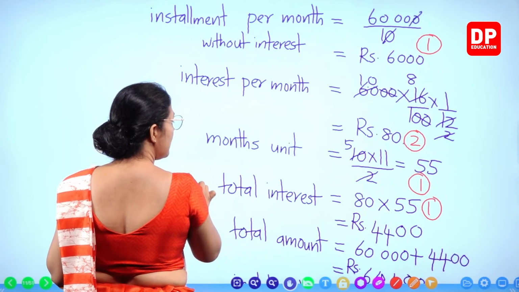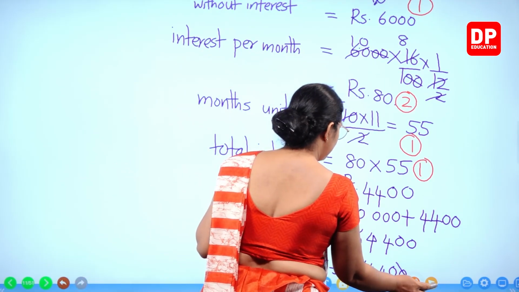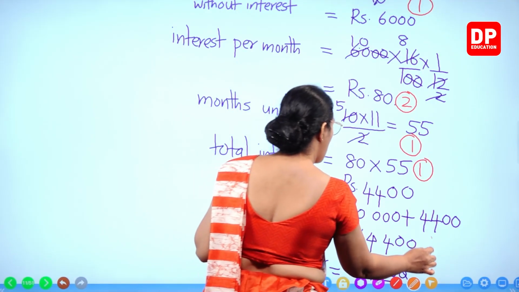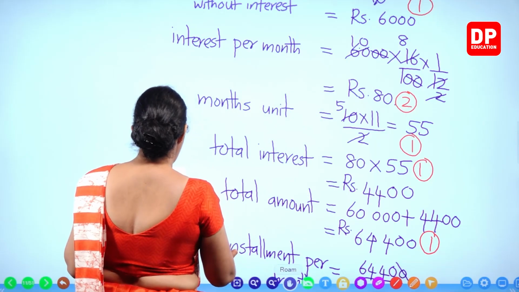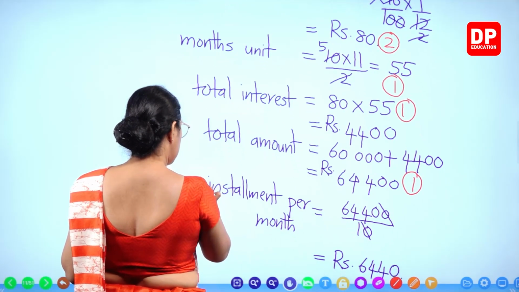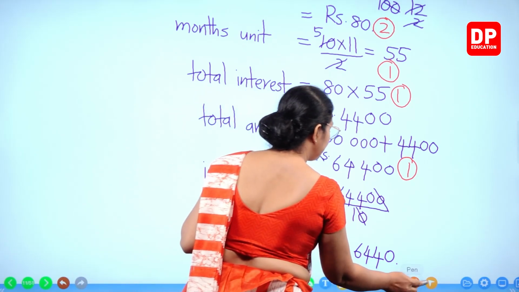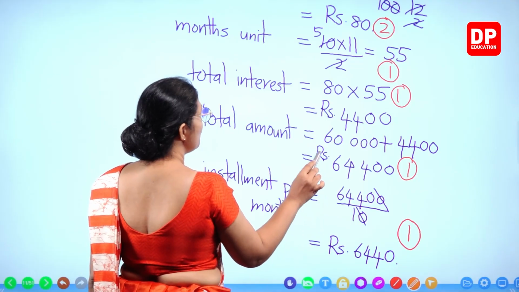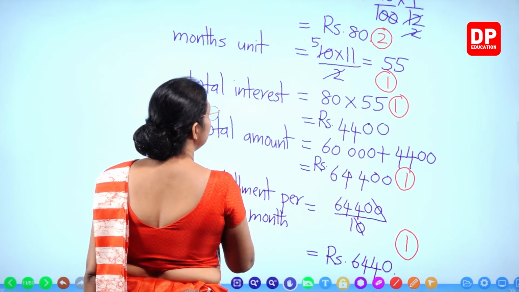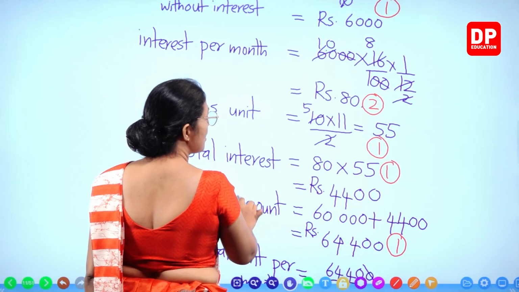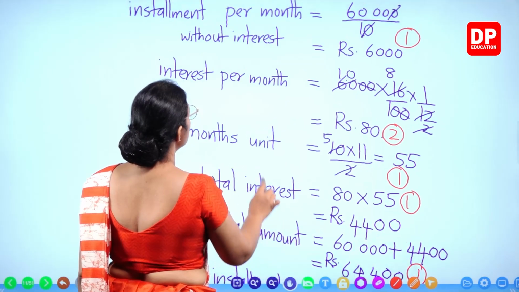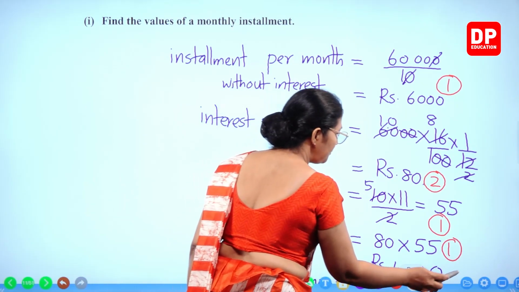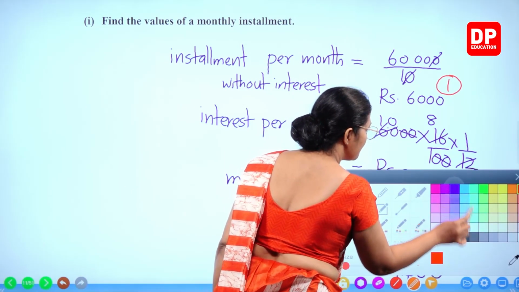And then calculate the total amount, that's another 1 mark. And calculating the monthly installment, 1 mark. So how many marks given for the whole part? 1, 2, 3, 4, 5, 6, 7 marks for the whole part 1. 7 marks are given. Now let's do the next part.